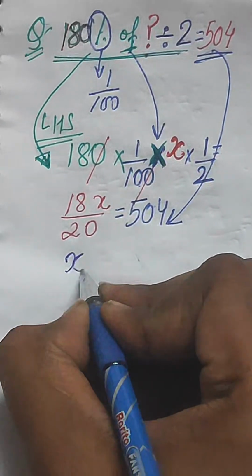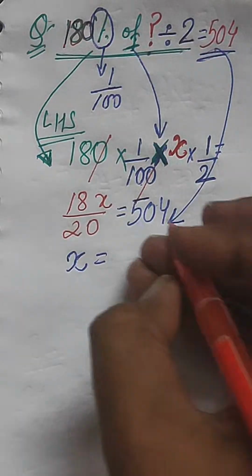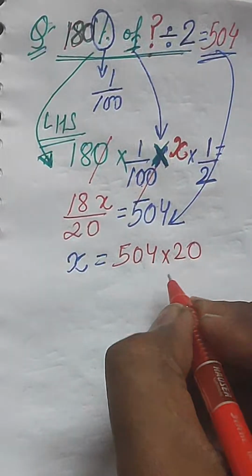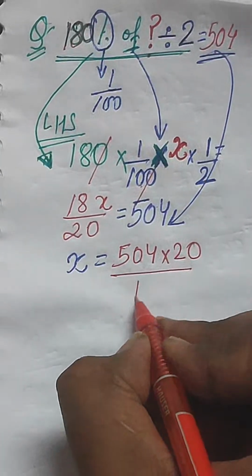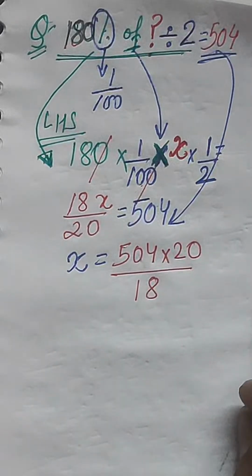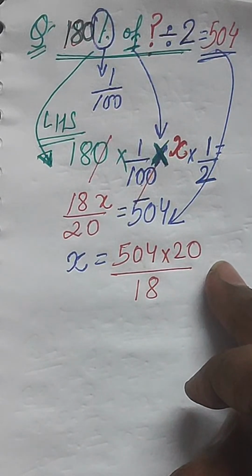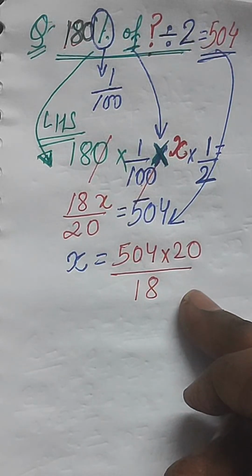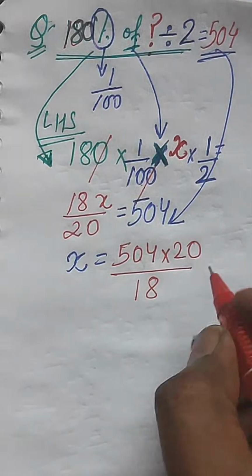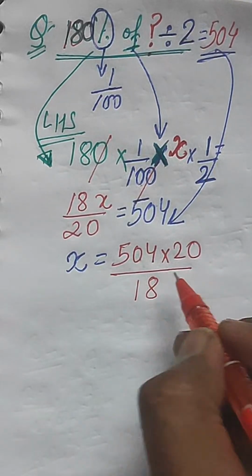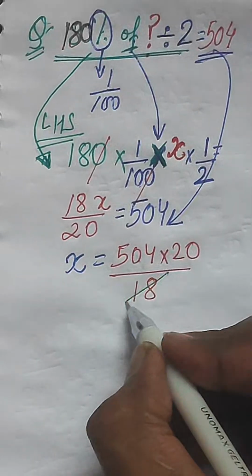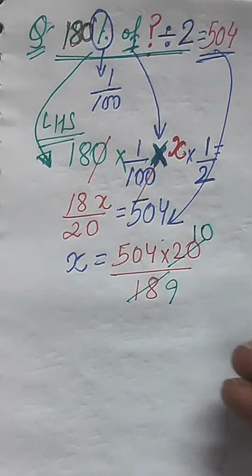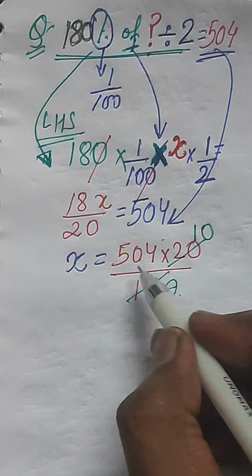Now just solve it. The value of x is 504 into 20 by 18. Just solve it. Here you can see from 2, 9 times, 2 10 9 9.